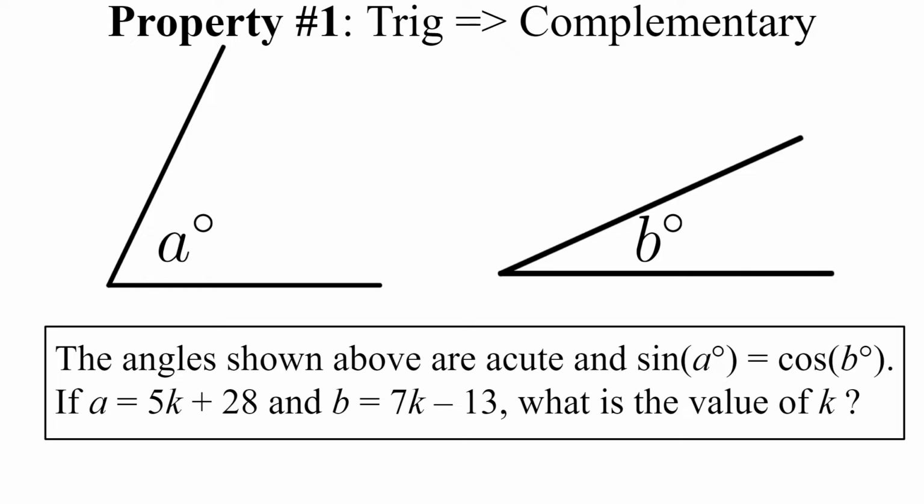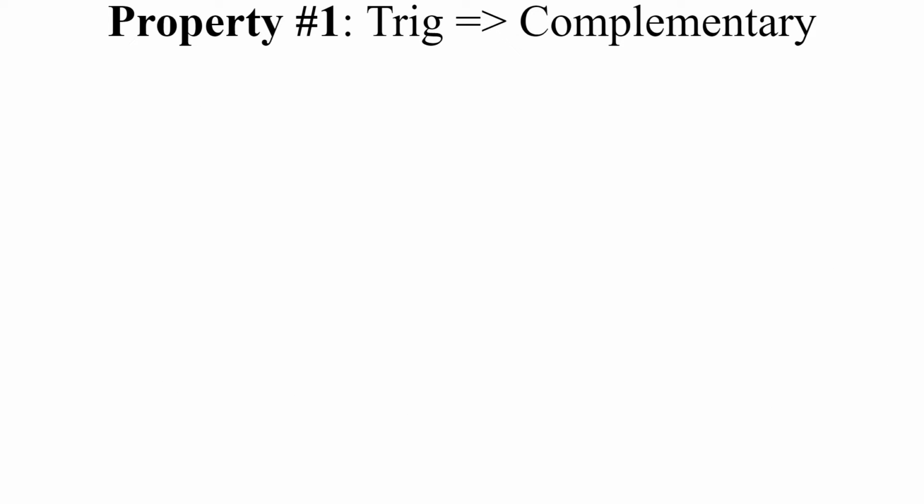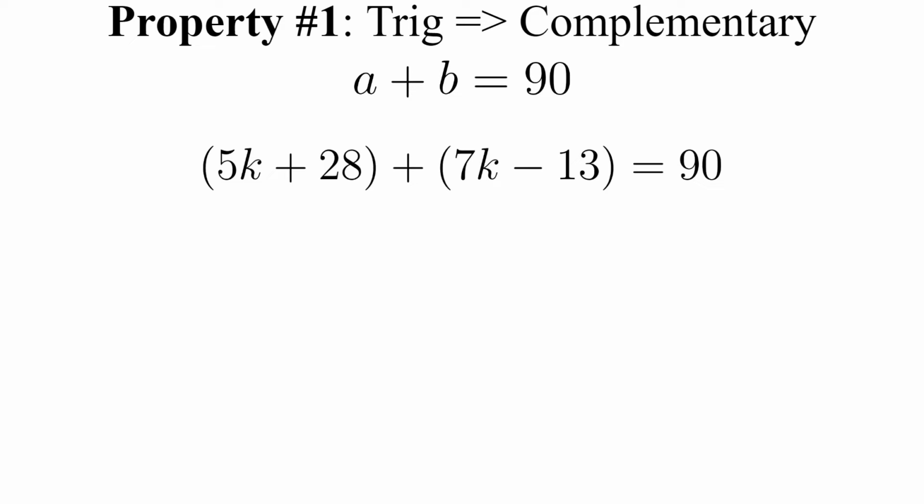It's just a little bit more work because the equation is a little bit more convoluted. So sine is equal to cosine. So that means the stuff on the inside must add up to 90. So we're going to write a plus b is equal to 90. Then we'll sub in what they told us. A was 5k plus 28, and B was 7k minus 13.